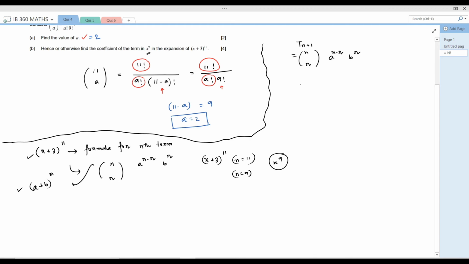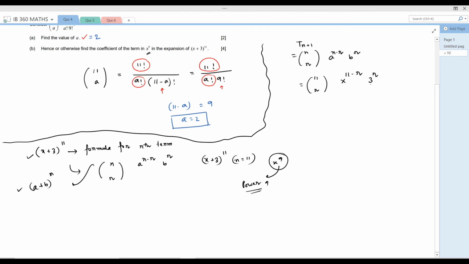This is not r, this will be the value of the coefficient, that is, power 9. Now we will derive the r. It is basically 11Cr x to the power 11 minus r into 3 to the power r.